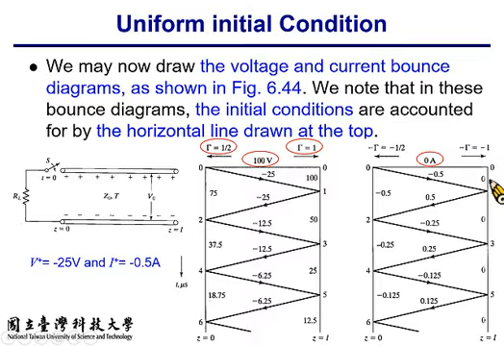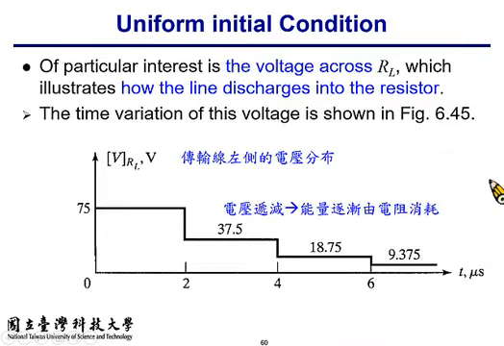So eventually, all the energy stored in the transmission line will dissipate into the load resistance to the left, right?